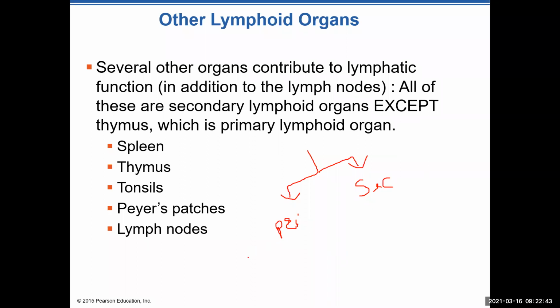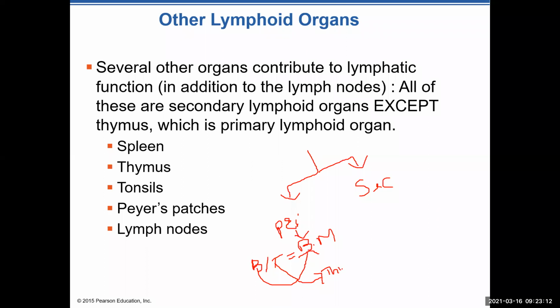What does that mean? B cells and T cells are all formed from hemocytoblasts. If you remember the blood chapter, they all originate in the bone marrow. So bone marrow is a primary lymphoid organ, right? B cells stay here in the bone marrow for maturation, but T cells, if you remember, move to the thymus for maturation.